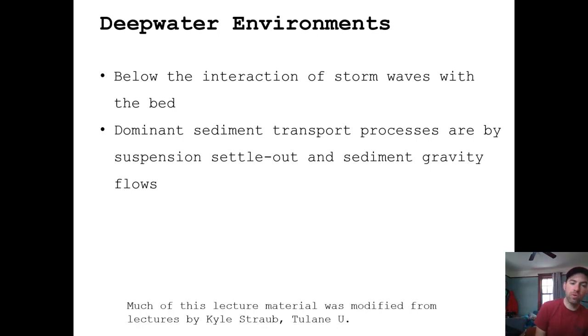So, somewhere on the order of tens to hundreds of meters deep and deeper. Okay. And in these cases, the dominant sediment transport processes that drive deposition are suspension settle out from the water column and sediment gravity flows. And we're going to focus here primarily on sediment gravity flows and how they transition from the flow itself into a sort of suspension settle out regime. Okay.